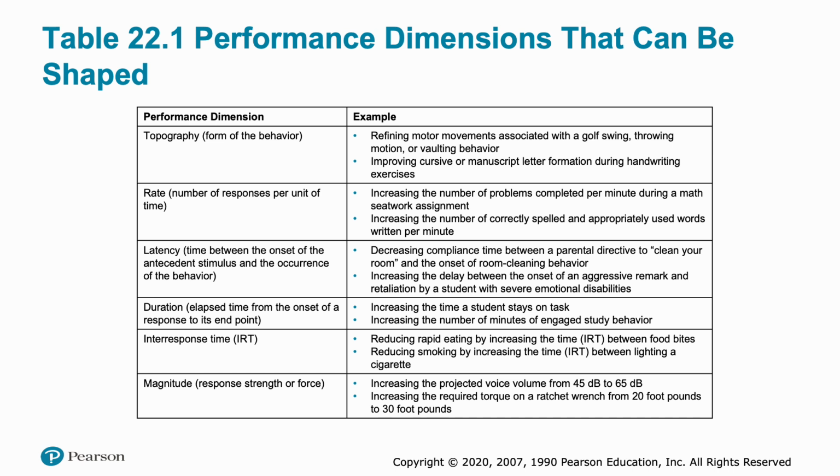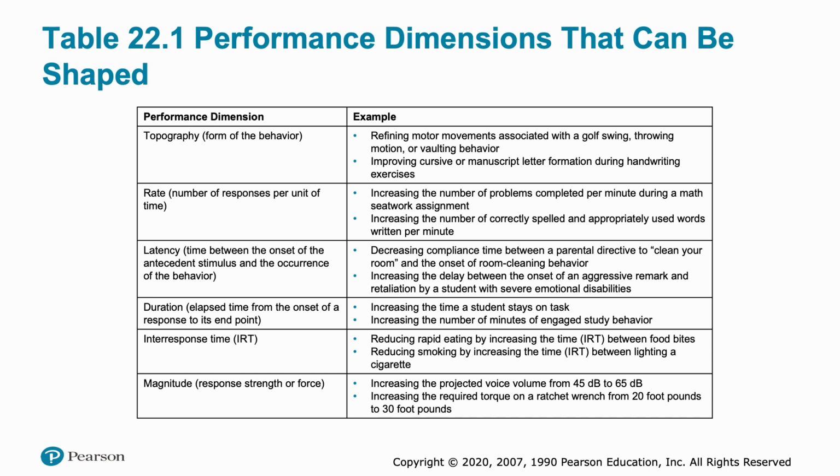I might also want to modify the magnitude of their response. If a child is gripping the pencil incorrectly, I can modify the topography, but I might also want to modify the magnitude if they're not pressing hard enough onto the paper. Maybe they're not applying enough strength or force when they're writing.